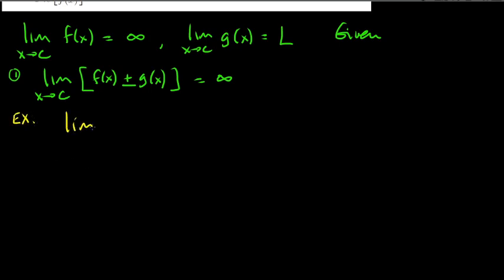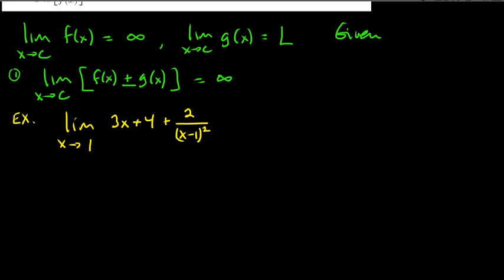Suppose you want to find the limit as x approaches 1 of 3x plus 4 plus 2 over x minus 1 squared.